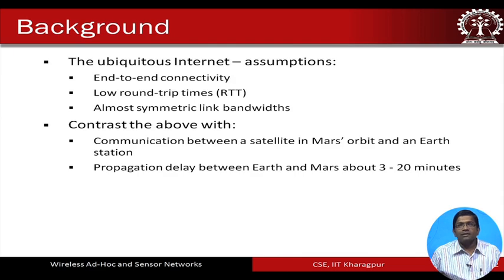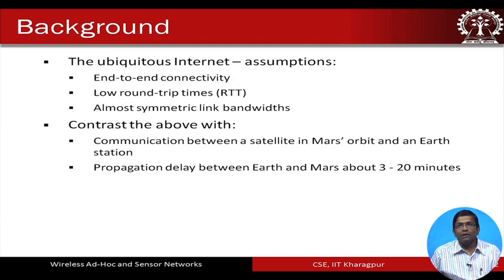In this example, we are talking about sending a signal from Earth to Mars and back. The propagation delay for sending a signal from Earth to Mars is in the order of 3 to 20 minutes. So you see that the propagation delay, and consequently the RTT, the round trip time, is much more compared to that experienced in the internet.